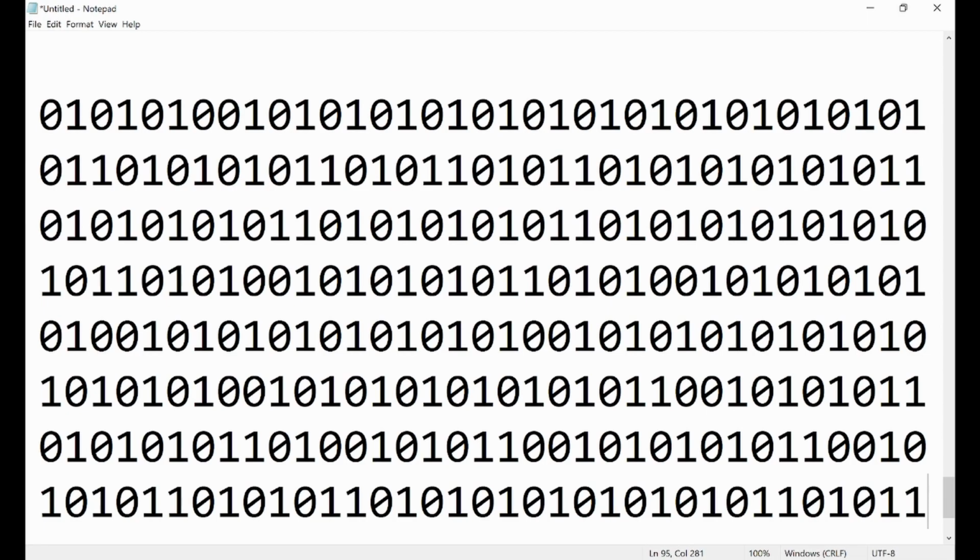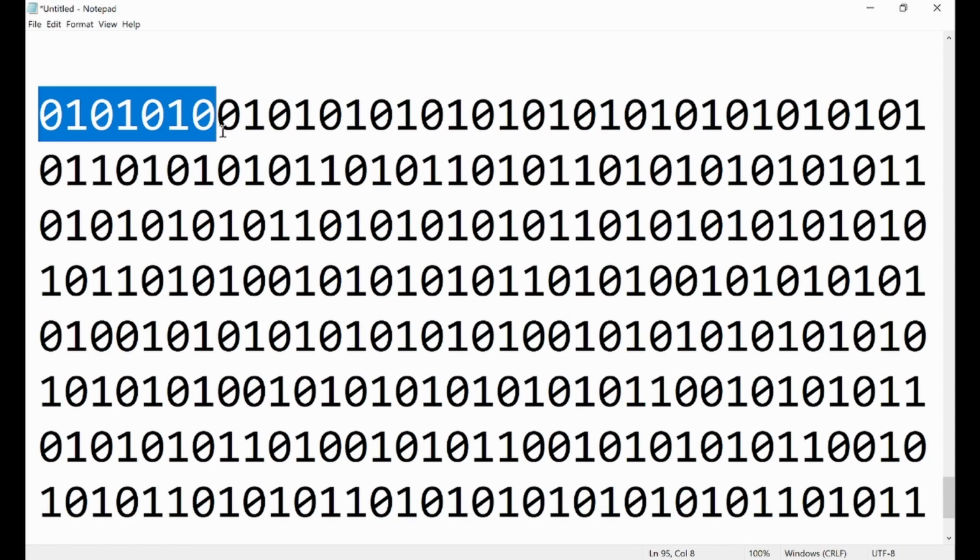Later, we'll learn how to convert from binary into text. So when you see this, you can easily change it into text and see what the message is saying. Right now, we are just learning how to convert it into decimal numbers. If you are supposed to interpret such a message, all you have to do is to pick it in 8 bits.